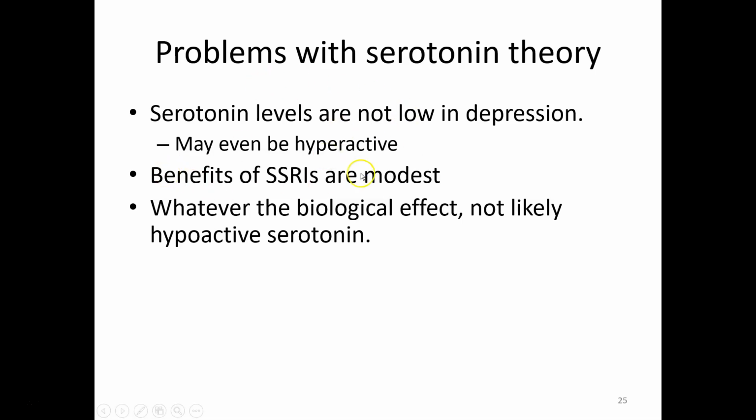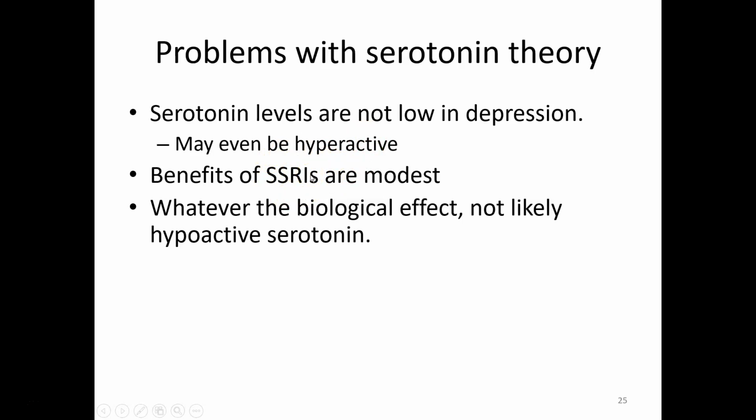Probably one of the biggest knocks against the low serotonin theory of depression is that we have selective serotonin reuptake inhibitors. They are typically the first type of antidepressant that will be prescribed to somebody. And generally, maybe only about 30% of people report feeling better from these.